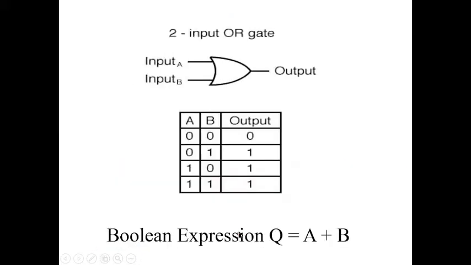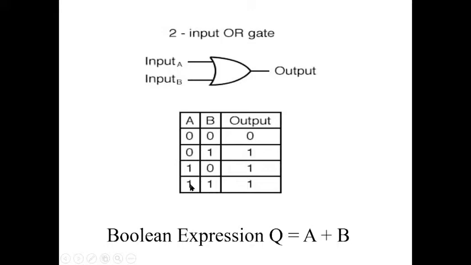So let us see that on the truth table again. We have the 2 input gate, and this is our truth table. It has four different states: 0 0, 0 1, 1 0, and 1 1. So you can see that when A is 0, B is 0, output is 0. When A is 0, B is 1, output is 1. When A is 1, B is 0, output is 1.